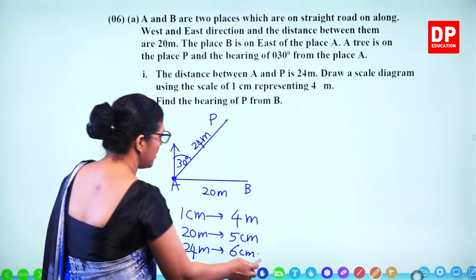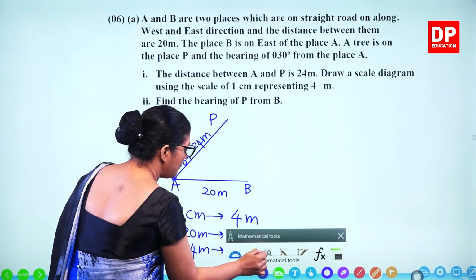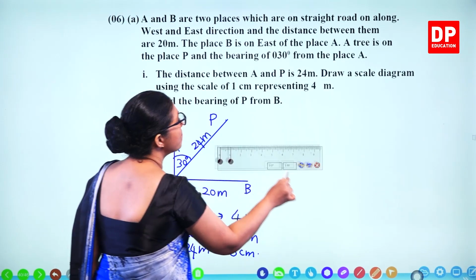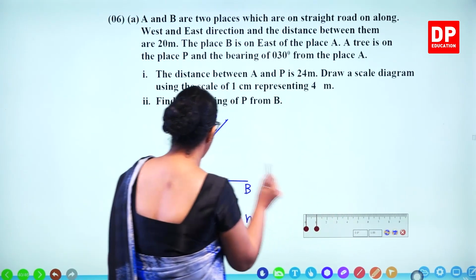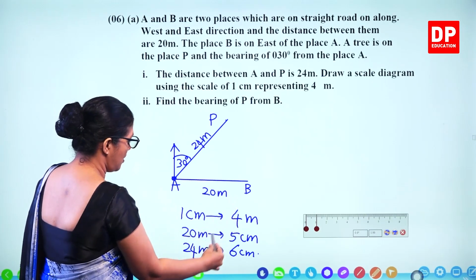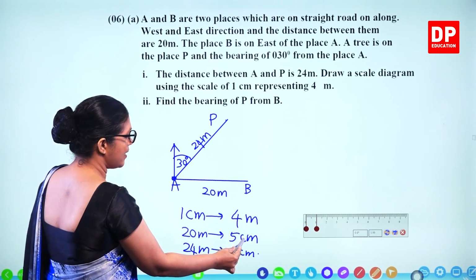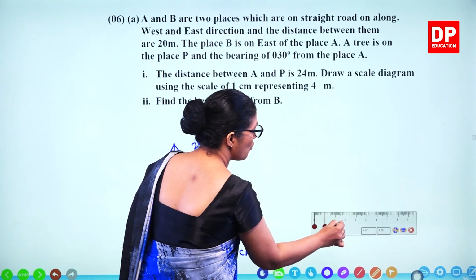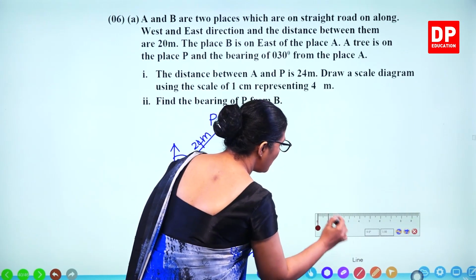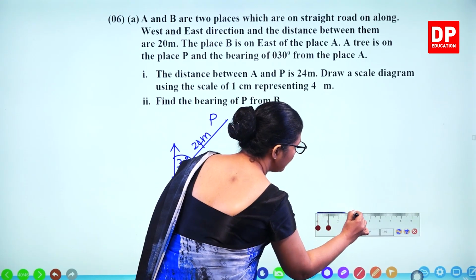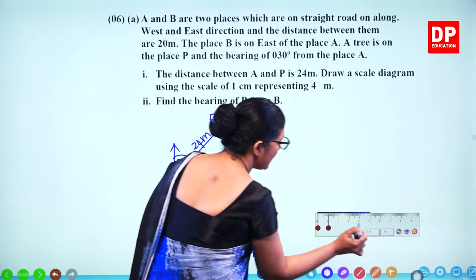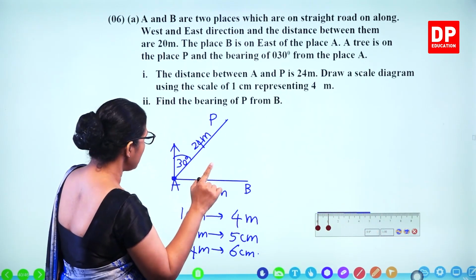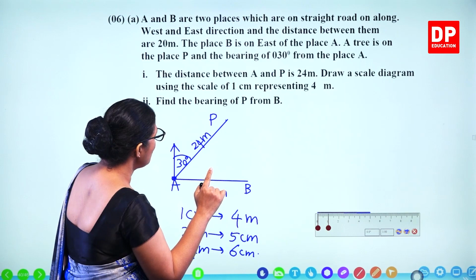Now we can take the ruler and then we need 5 centimeter length there. To this side 5 centimeters. So we can take the ruler and from here 5 centimeter length you can draw. That's AB.